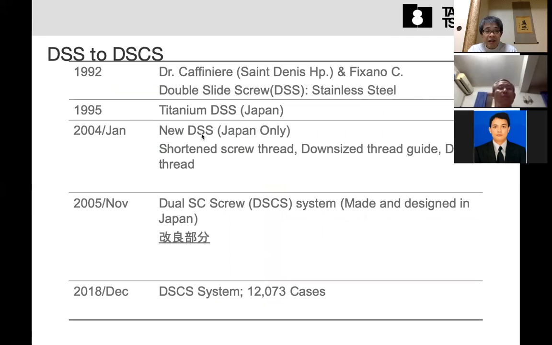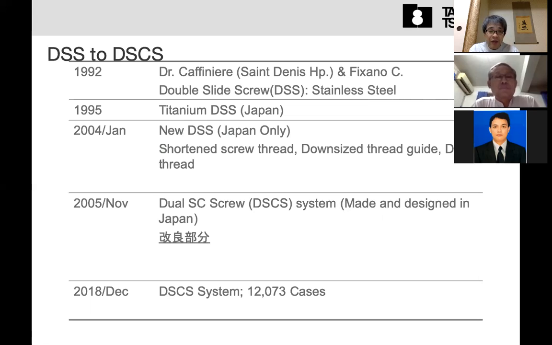So this previous version of URAC was devised in 1992. Then it came to Japan and was renovated to the DSS. And then I devised the final version of this DRS screw.